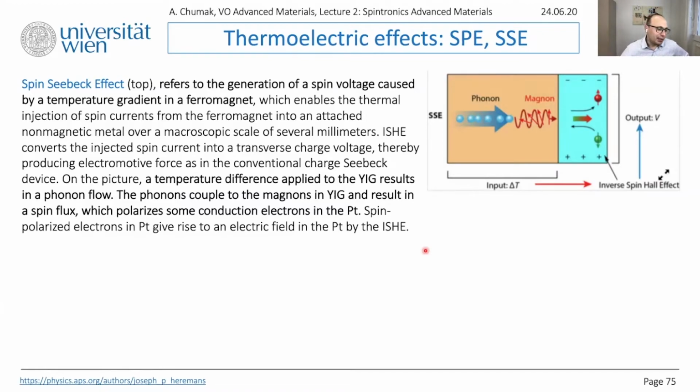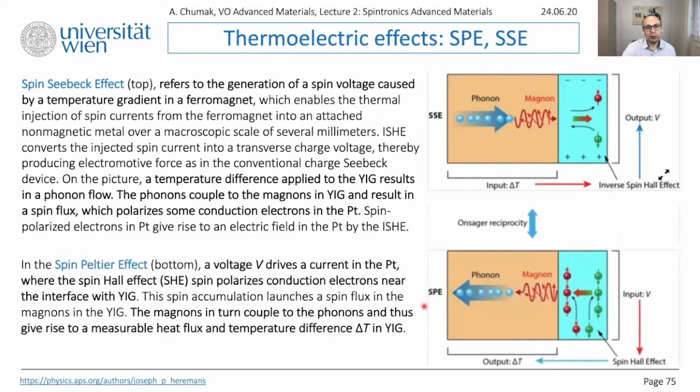And in the same way as there is a spin-Seebeck effect, there is also the so-called spin Peltier effect. In the spin Peltier effect, we speak about a voltage which drives a current in platinum, like here. Since this is a heavy metal with large spin orbit interaction, we will get a spin polarized current in the direction perpendicular to it.